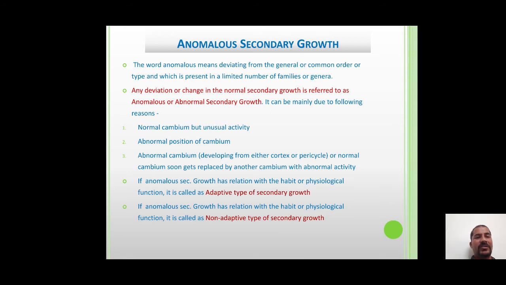That means this anomalous secondary growth is helpful for attaining the habit or performing the physiological function. That is called adaptive type of secondary growth. While in case of non-adaptive type of secondary growth, there is no relation with the habit or the physiological function of the plant.